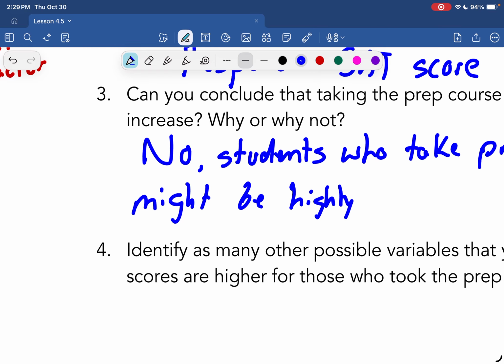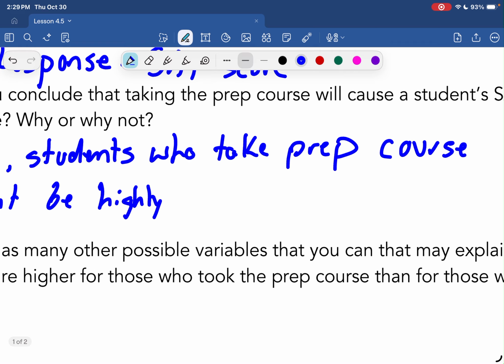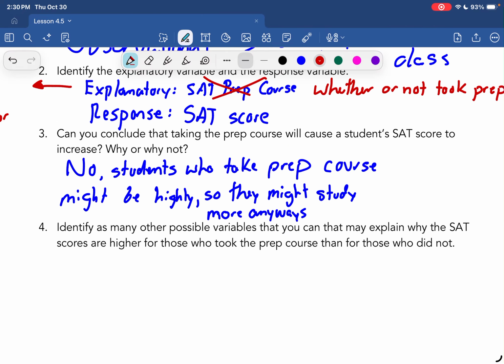And if we're highly motivated with our ACT or our SAT, they might study more. And that's going to be regardless of whether they take it or not, right? Someone that's highly motivated is probably going to be studying more anyway. So it's not necessarily the case that this prep course is the only reason.